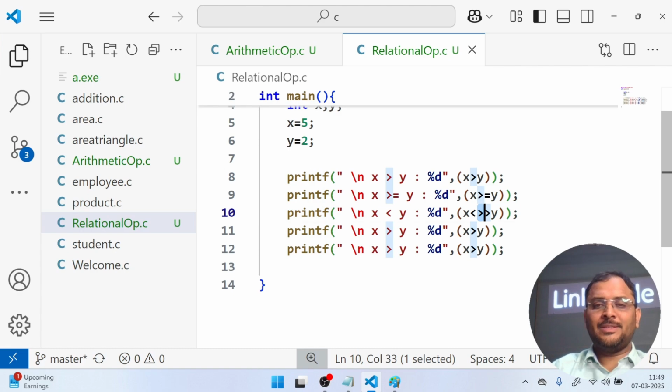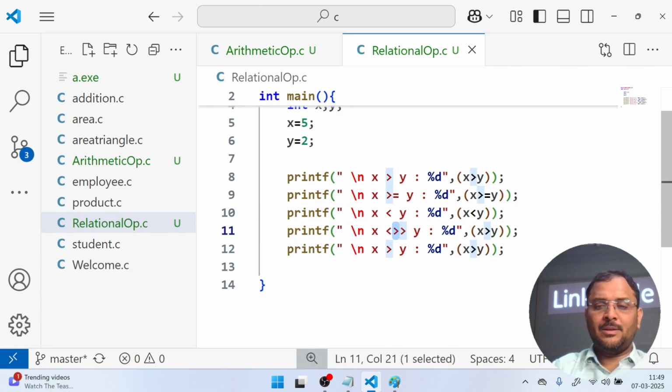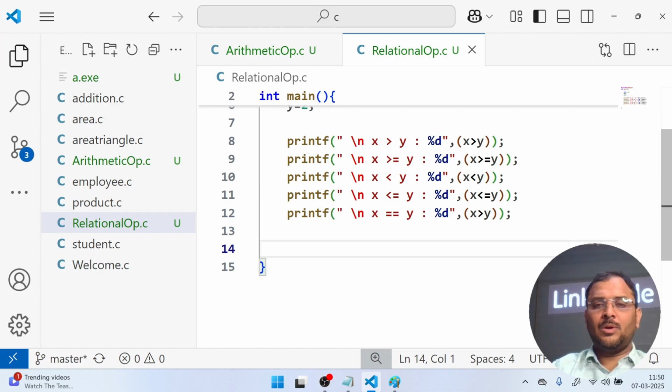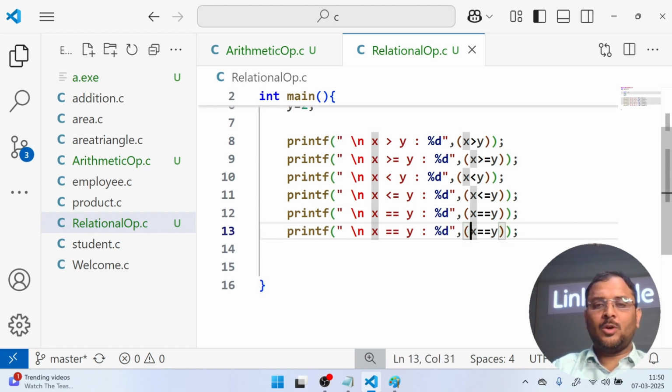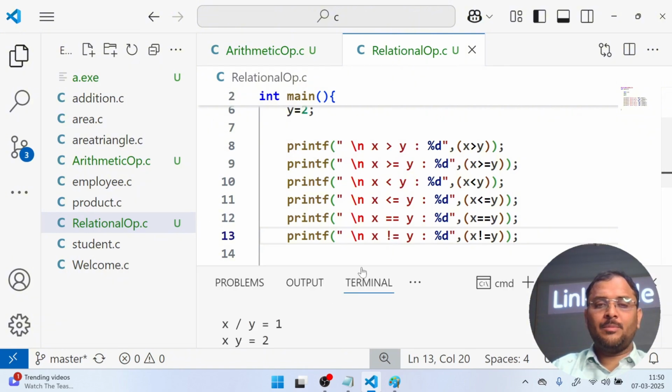Check the output for this also, less than or equal to, remember this. Then here is the equal to, and the next one is not equal to. You can check the output for this program.